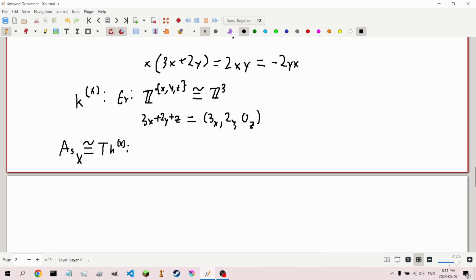Well, this is the tensor algebra on K of X, so it's going to have like 7x plus 3y plus, I don't know, 11x tensor y plus, I don't know, 5z tensor z. And always addition is component-wise. The multiplication is the tensor product extended linearly to the entire thing.